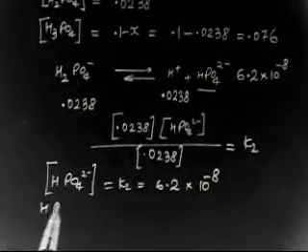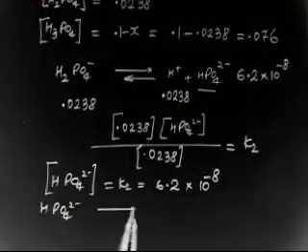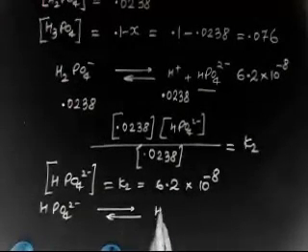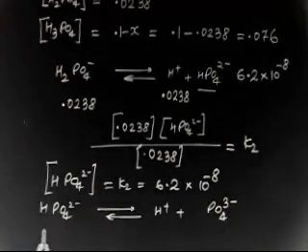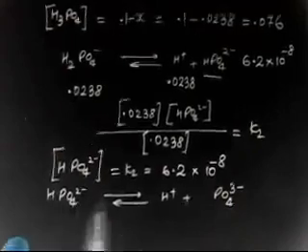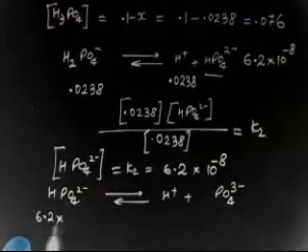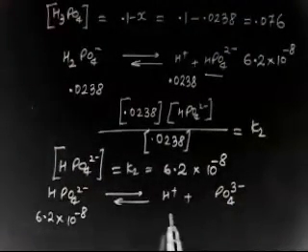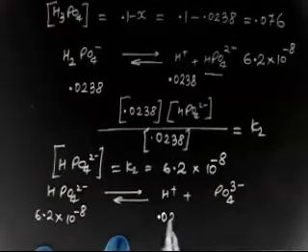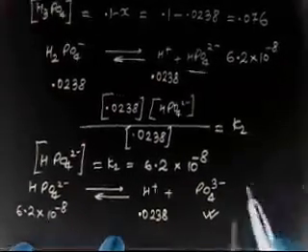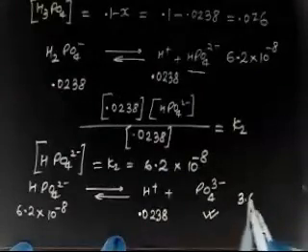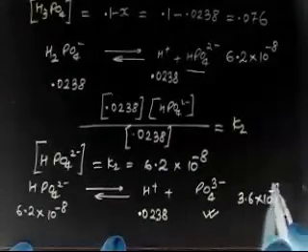So you have HPO4 2 minus, and the third equilibrium will have H plus and PO4 3 minus, and now I know the concentration of HPO4 2 minus, that is 6.2 into 10 to the power minus 8, and the H plus concentration is 0.0238. So I can calculate this concentration because K3 is given, 3.6 into 10 to the power minus 13.